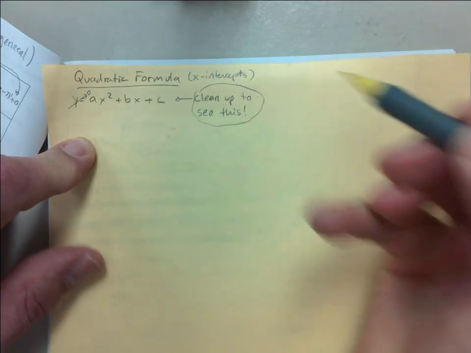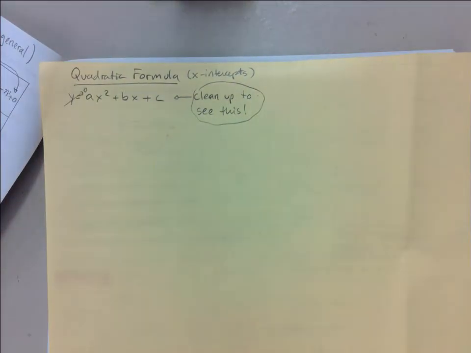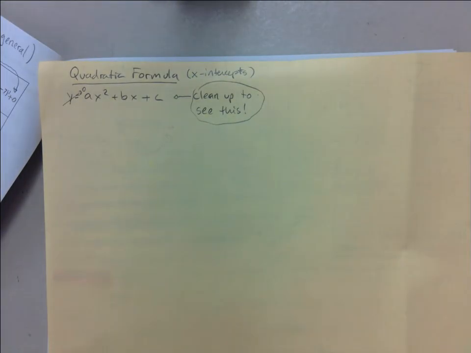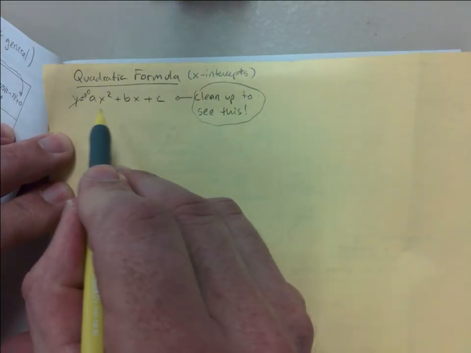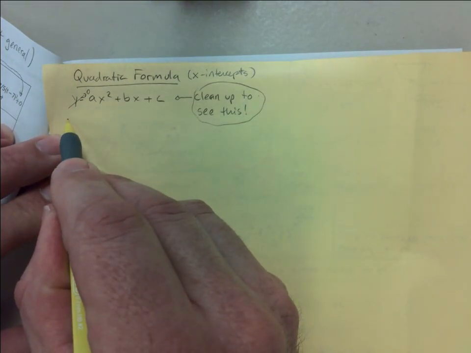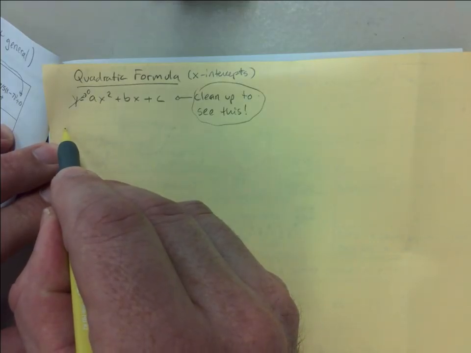It's an algebraic way to find the x-intercepts without the calculator. You still use the calculator to compute, but you wouldn't need a graphing calculator. In pre-cal, if they can't factor, they will use this to find the x-intercepts. So once you have this, you use this formula.